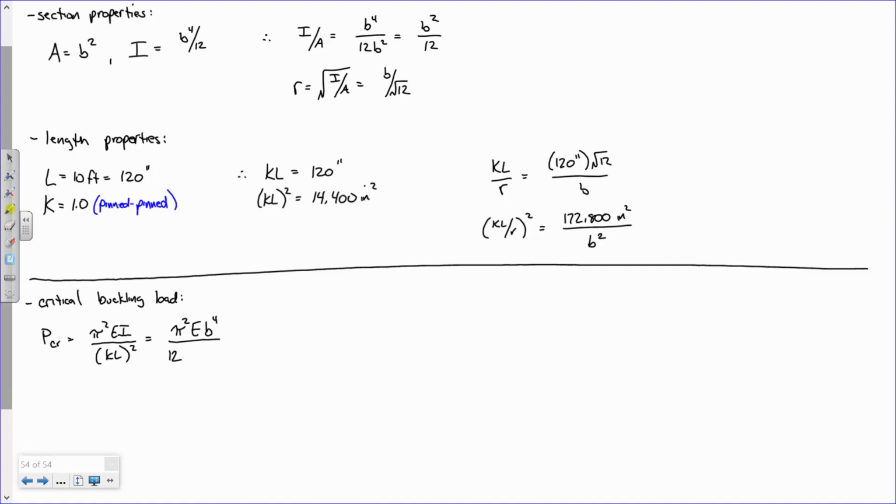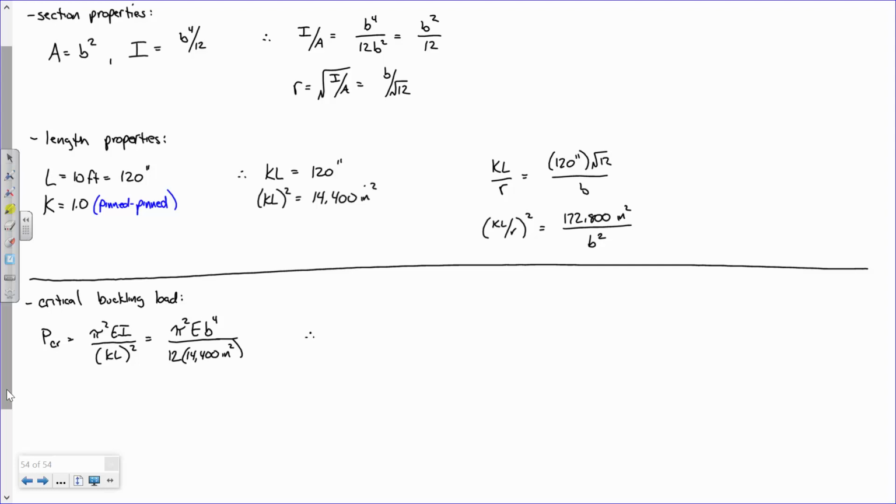And do we know KL squared? Yeah, that's 14,400 square inches. What don't we know in that expression? B. So let's solve that out.